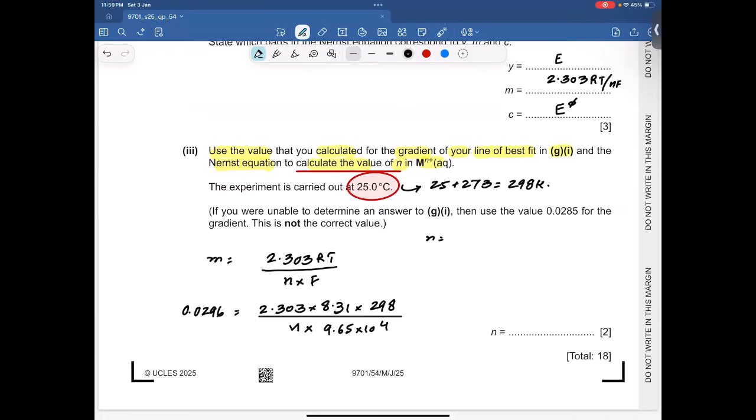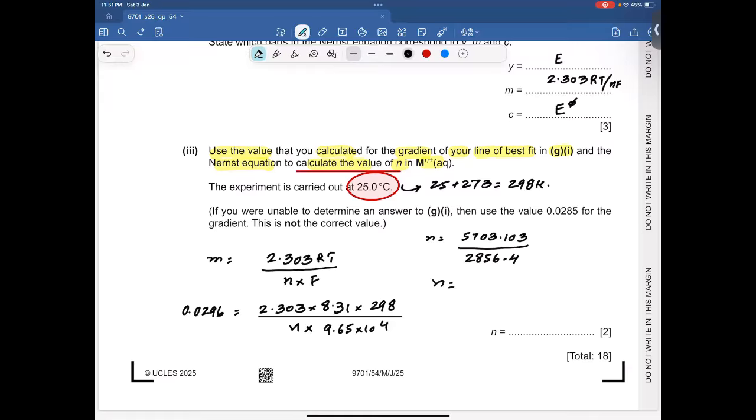So the value of n is basically 5703.103 divided by 2856.4.